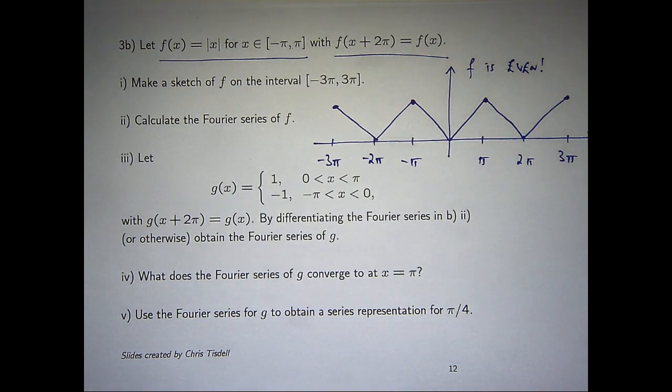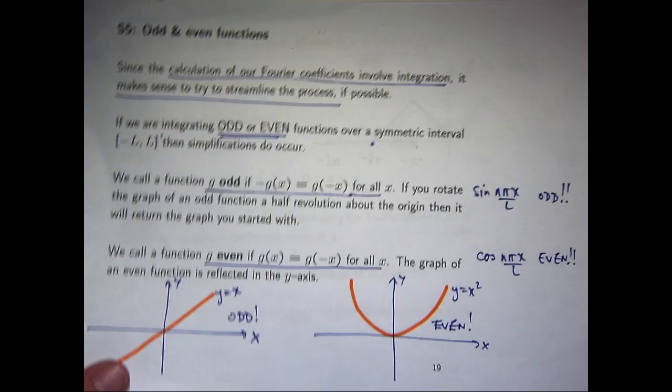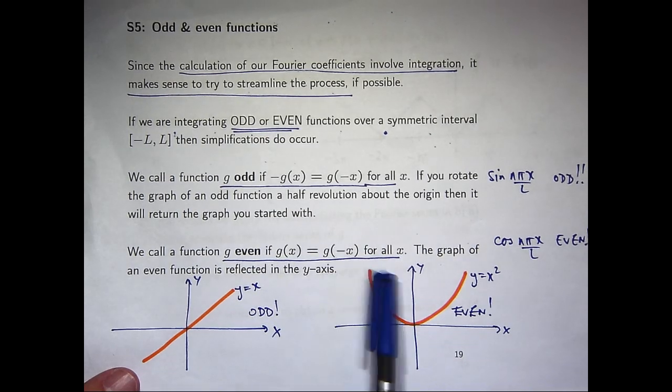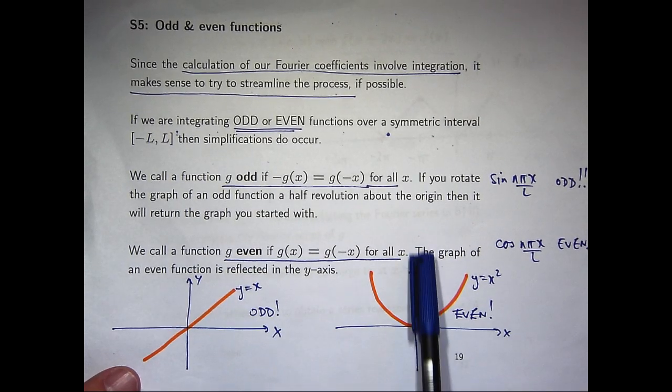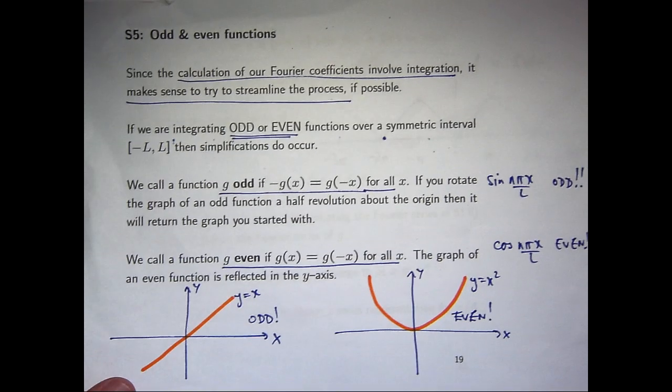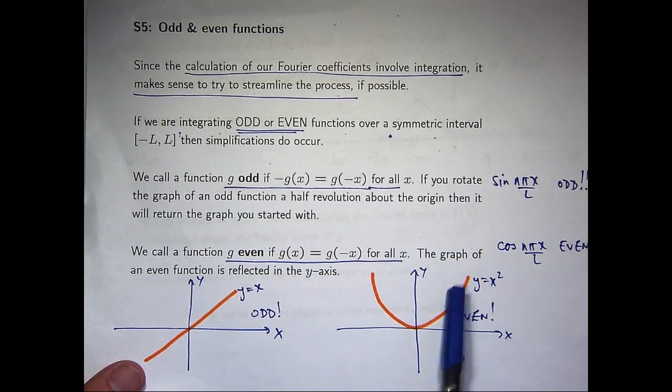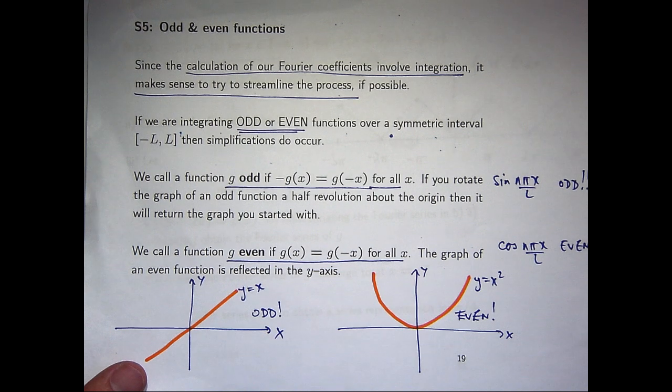Just to refresh your memory, we talk about even functions. This is the algebraic definition, but if you have a reflection in the vertical axis, then you have an even function. Well, x squared is an even function. The cosine function is an even function.